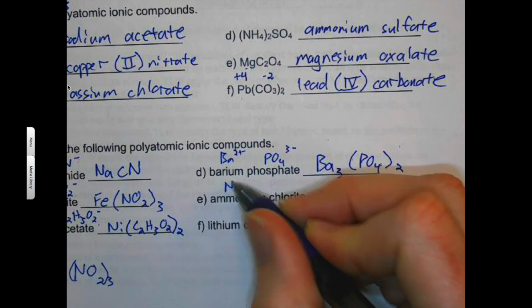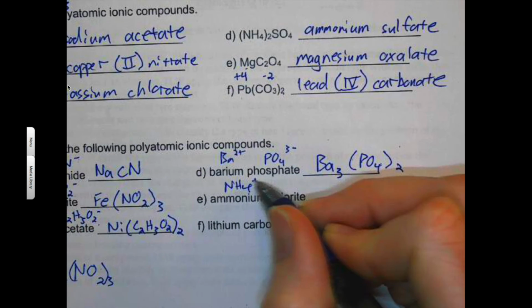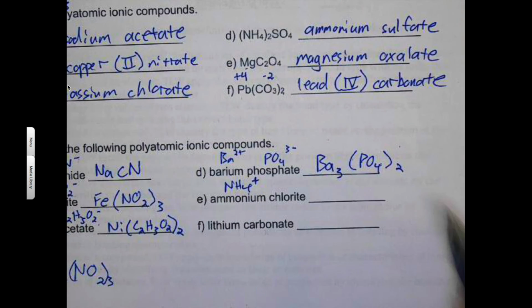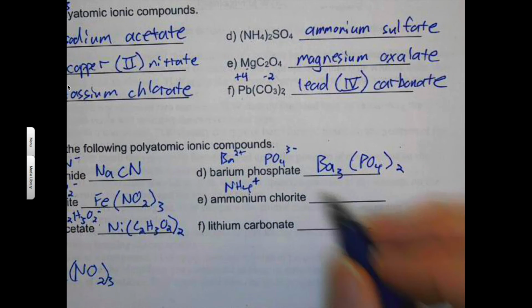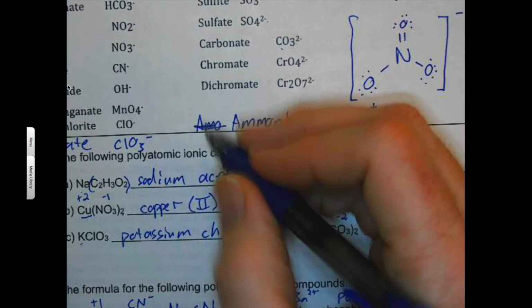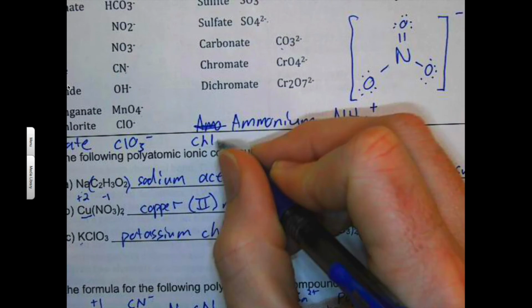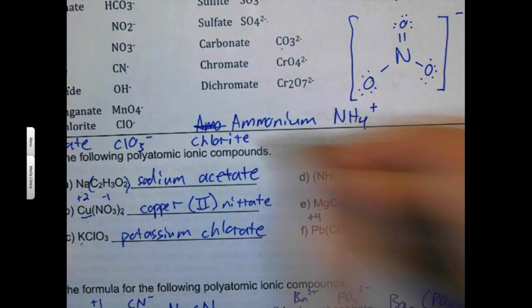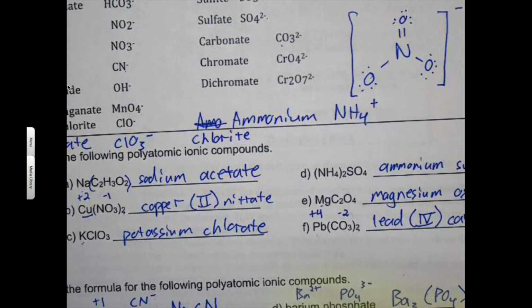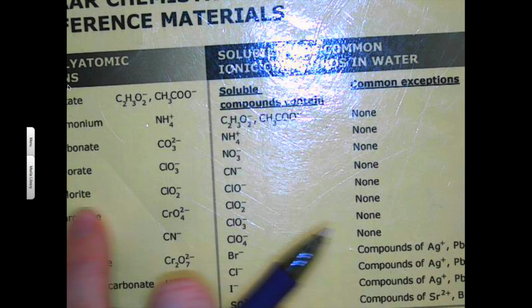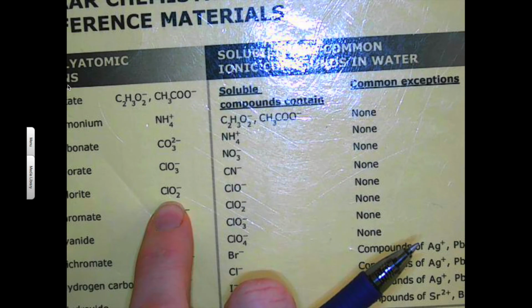Ammonium is NH4 with a positive charge. Talked about that. And then chlorite. Oh, chlorite is not on your list either. That is slightly annoying, isn't it? So chlorite is right there on the white chart. Yellow. Well, it's not white.